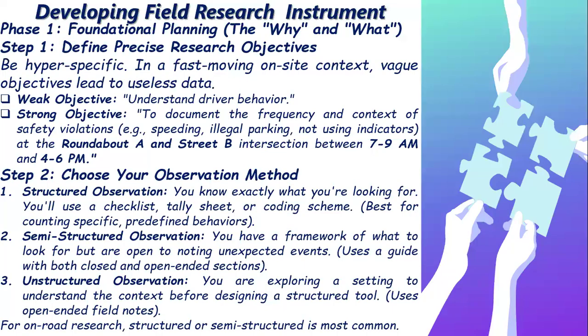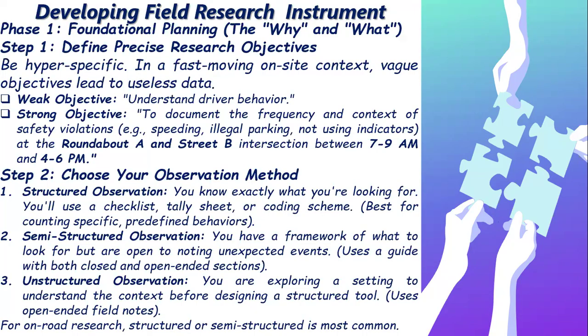Now, here you can say the agency wants to check the reason for the traffic problems. Weak objective is understand driver behavior. Strong objective is to determine the frequency and the content of the safety violations.